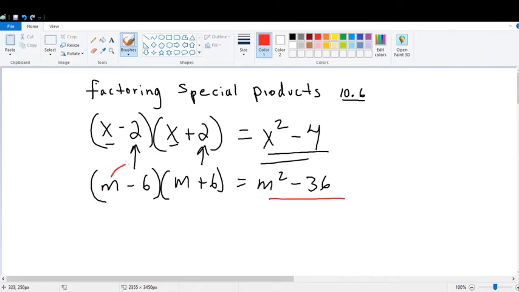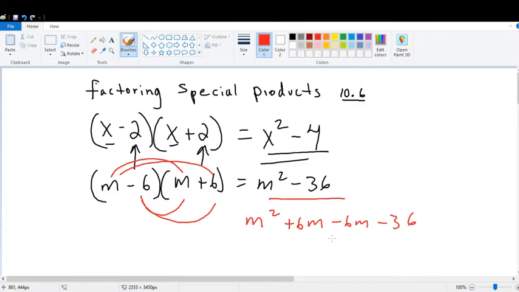You can multiply m times m, that's m squared, m times 6, 6m, negative 6 times m, negative 6m, negative 6 times positive 6, negative 36. These two are like terms. They're additive inverses, so they can be canceled out, and we end up with m squared minus 36, and that's what we have up here. So this is a much faster way to reach your answer.